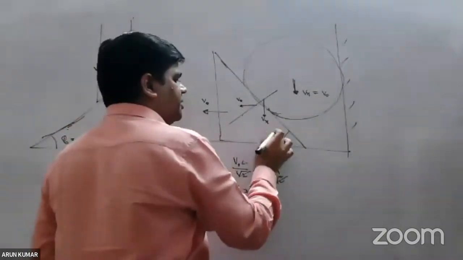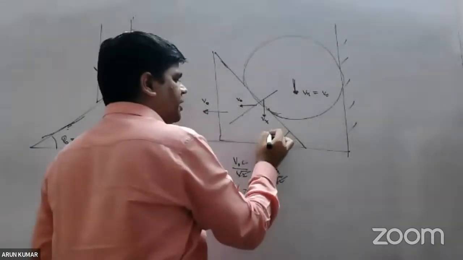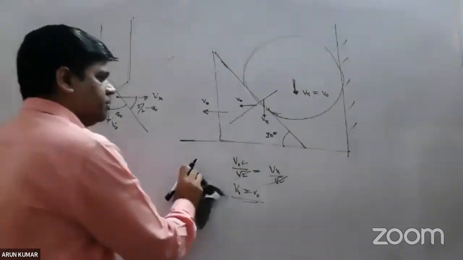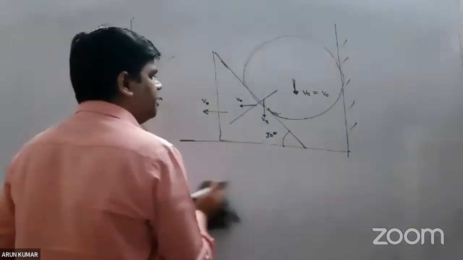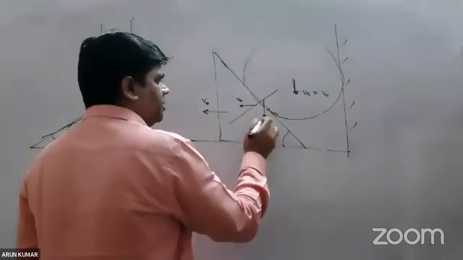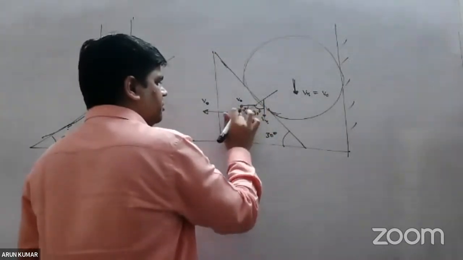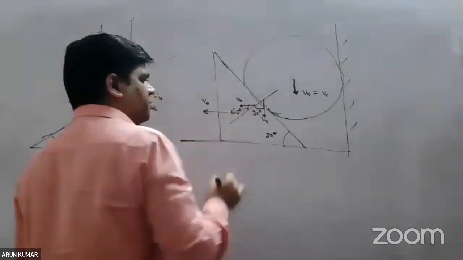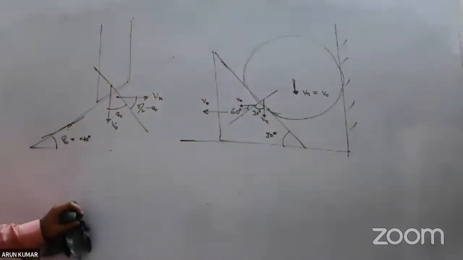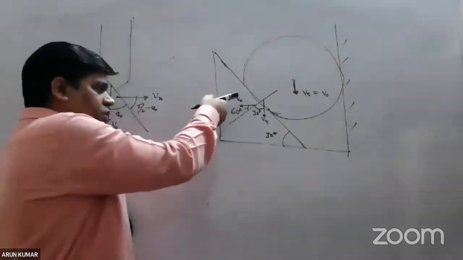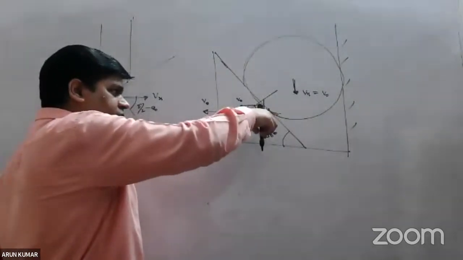But now let this angle be 30. Now tell me the answer. If the angle is 30, this is 30, this will also be 30, this will be 60. So v naught cos 60 is equal to vx cos 30.